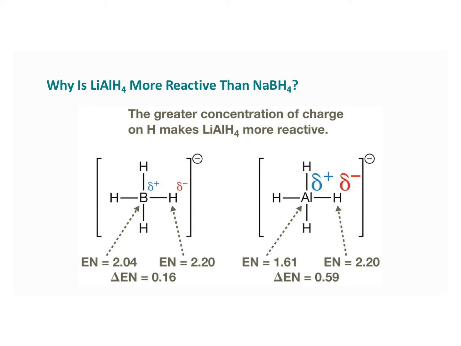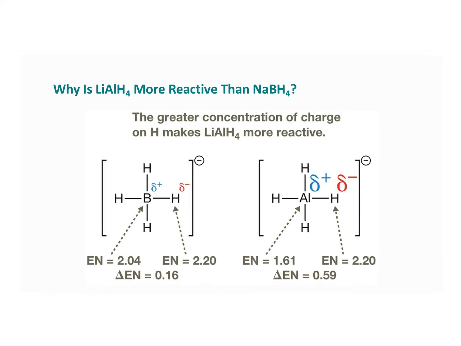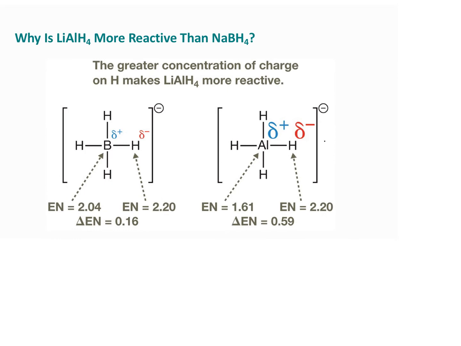And so that means there's a higher concentration of negative charge in lithium aluminum hydride than sodium borohydride. And as we learned, a higher concentration of charge makes lithium aluminum hydride less stable, right?